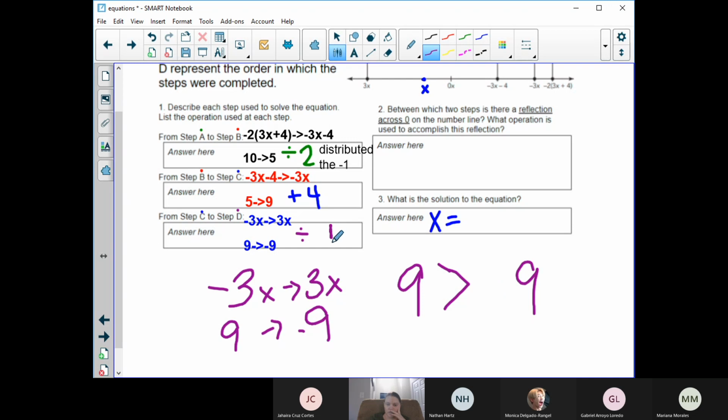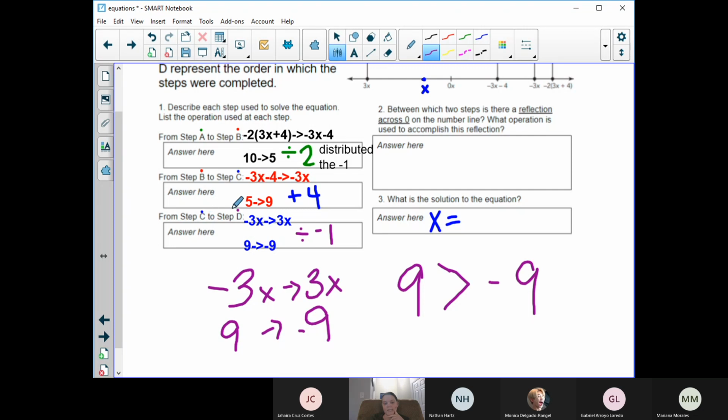Okay. And we went from positive to negative. So did I divide by +1 or -1? Right.